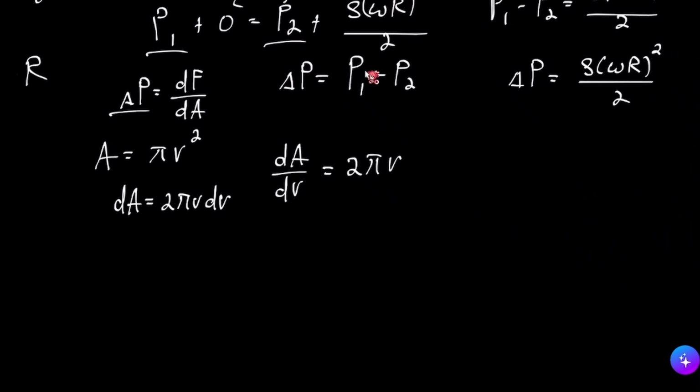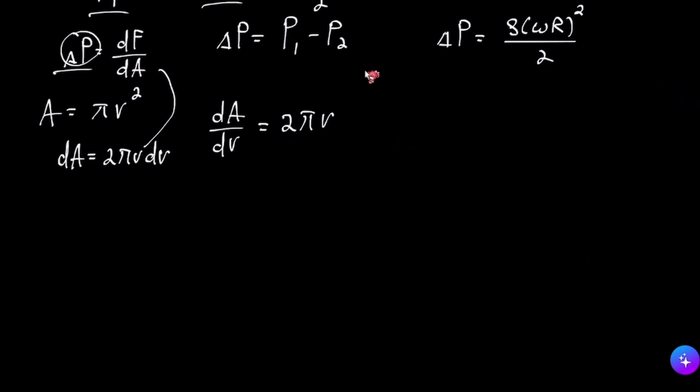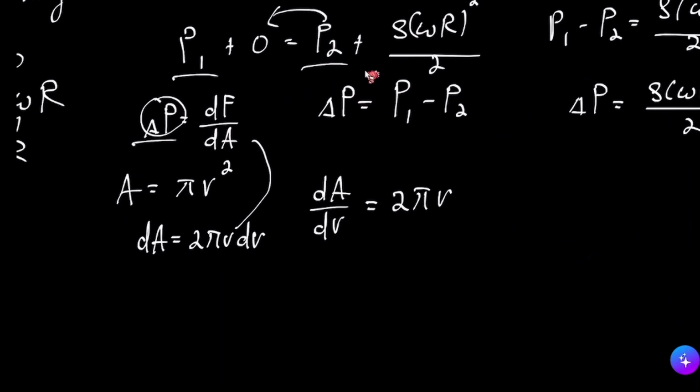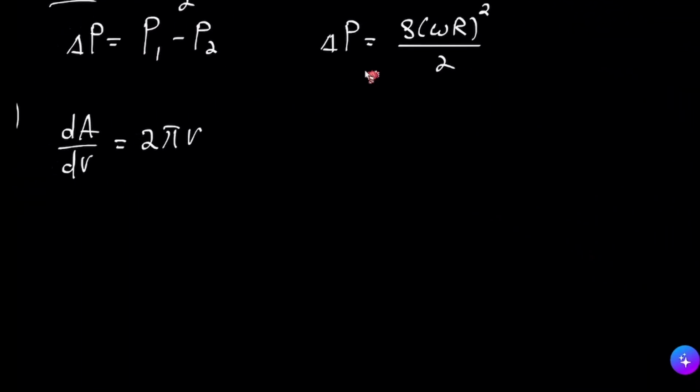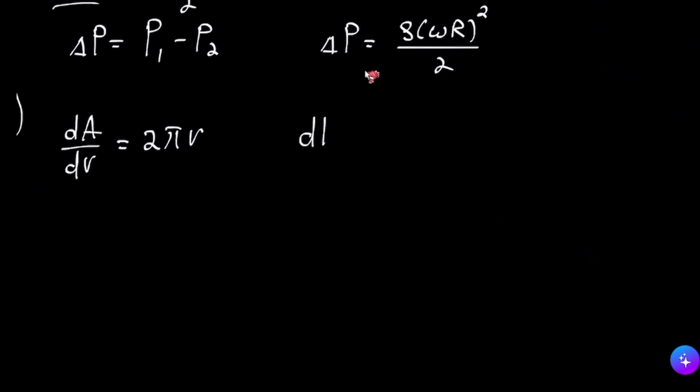Let's substitute this into here and bring our P into here as well. Also, multiply both sides by dA. So we get F on one part and P A on the other part. So dF equals delta P dA.